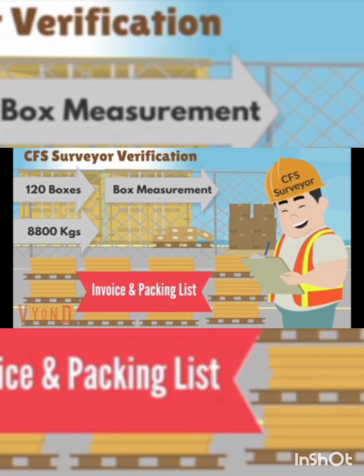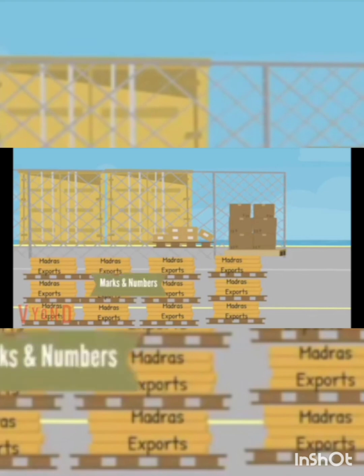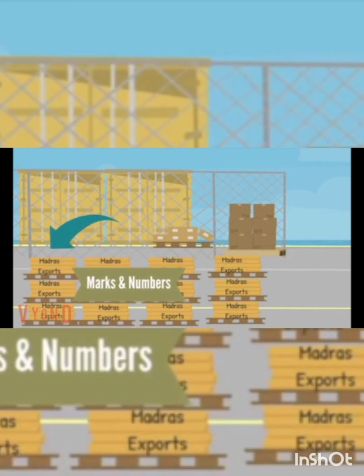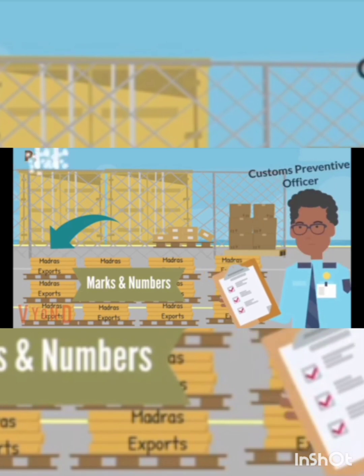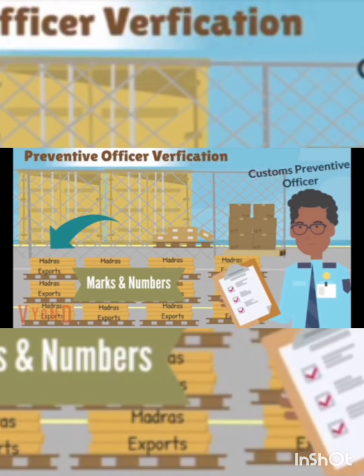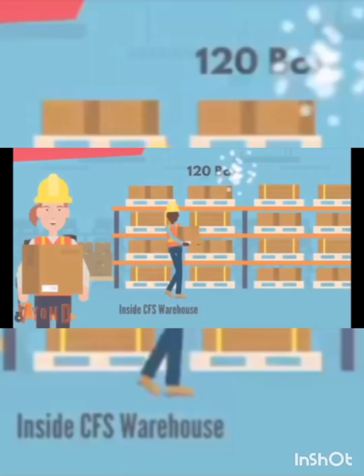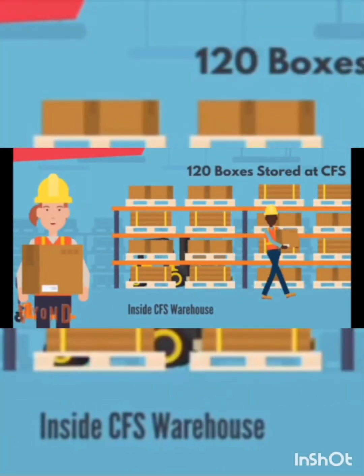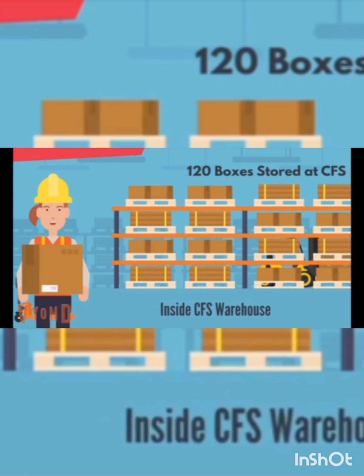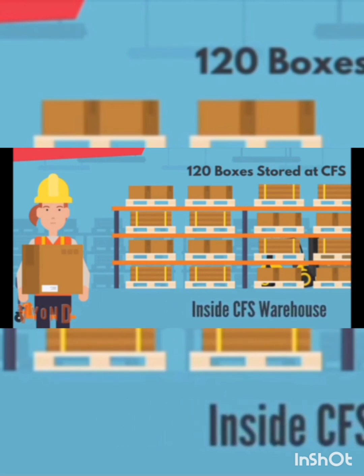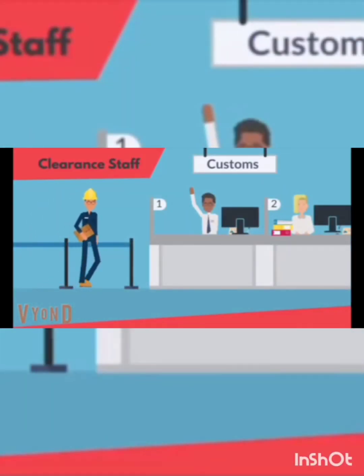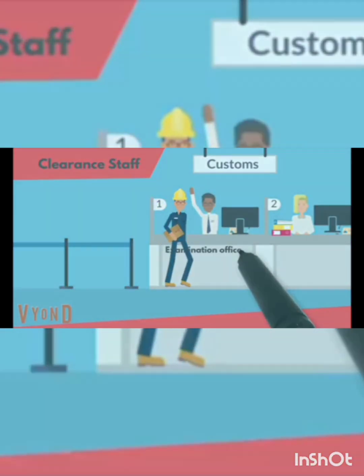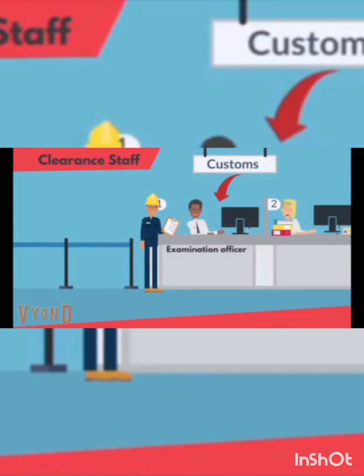It is followed by another verification of marking and labeling on the boxes by the customs preventive officer, so that the product will not be missed. All the 120 boxes are properly stored in the CFS warehouse. From there, the concerned person can get the products required. Clearance staff will approach the customs examination officer for cargo examination clearance.